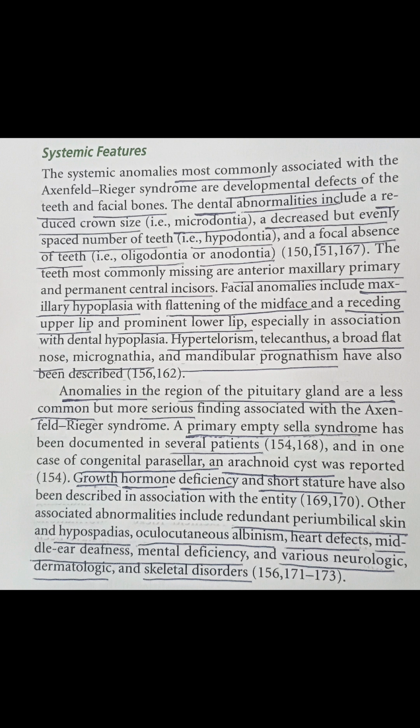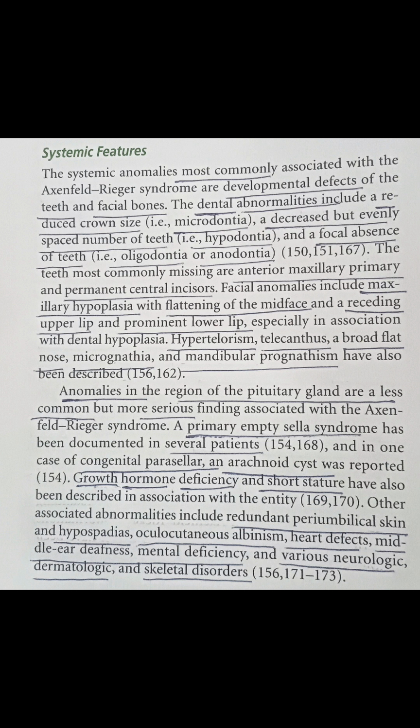Facial anomalies include maxillary hypoplasia with flattening of the midface and a receding upper lip and prominent lower lip, especially in association with dental hypoplasia. Hypotelorism, telecanthus, a broad flat nose, micrognathia, and mandibular prognathism have also been described.